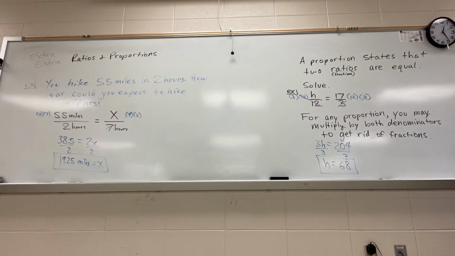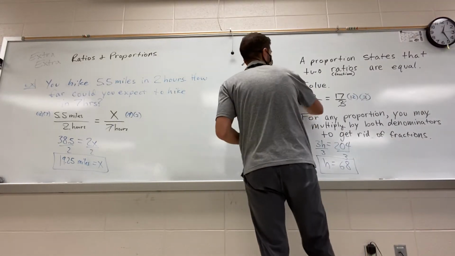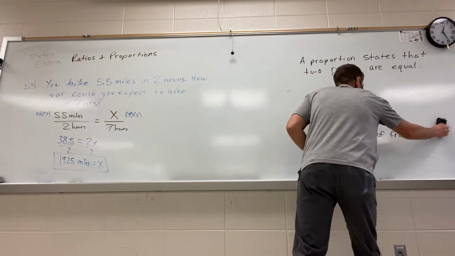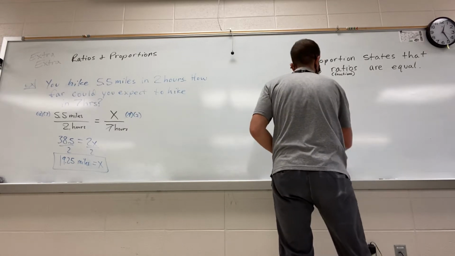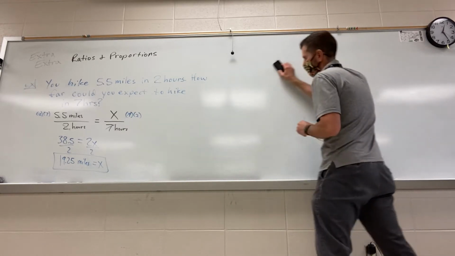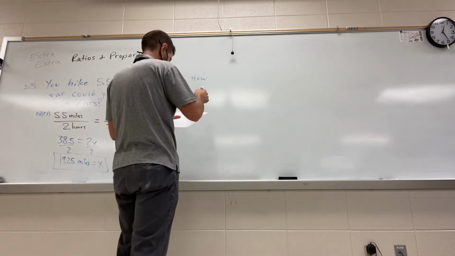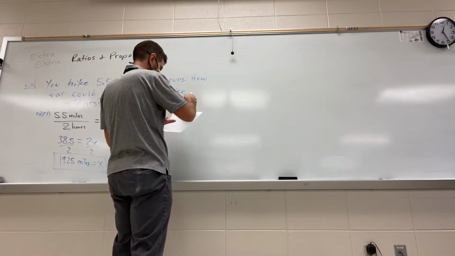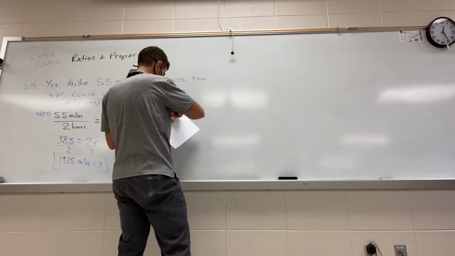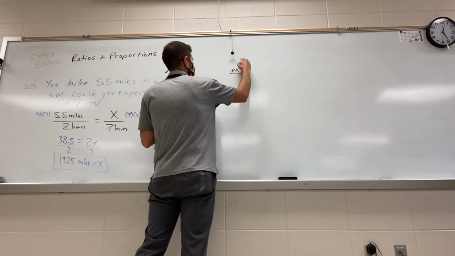Yeah. Let's look at how I can get a little bit weirder with the proportions. So let's please jump right in here. Oh yeah, this is a good one. Take a look.